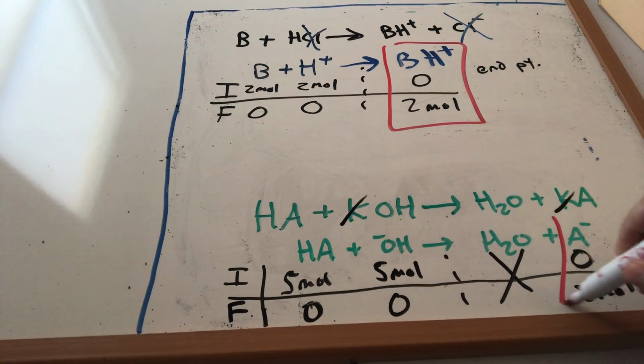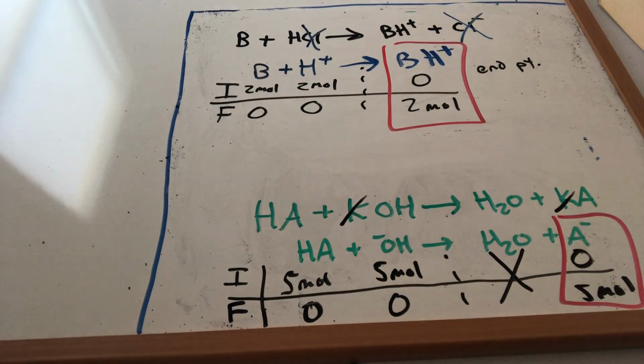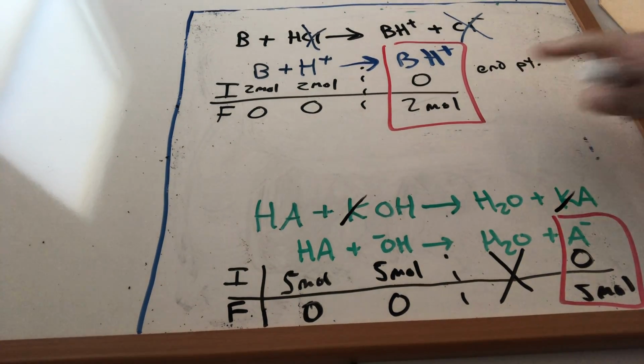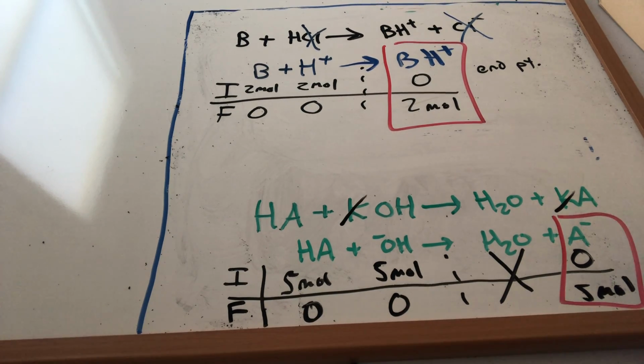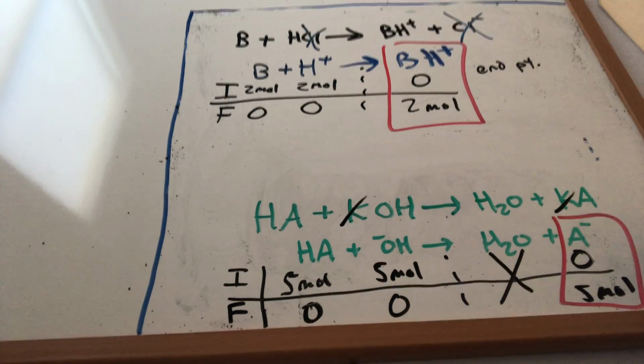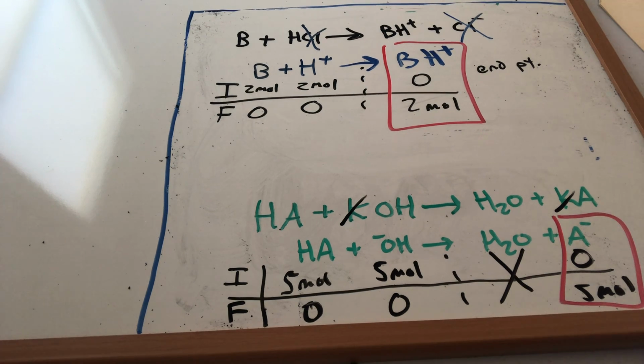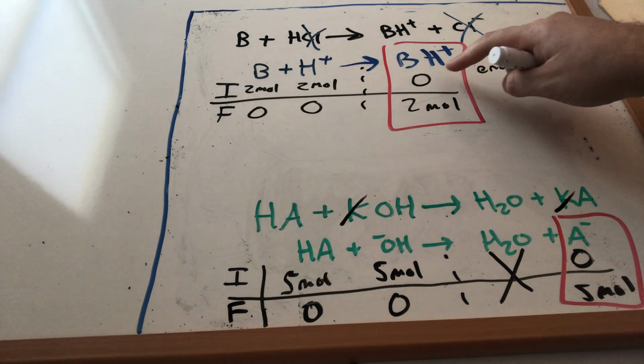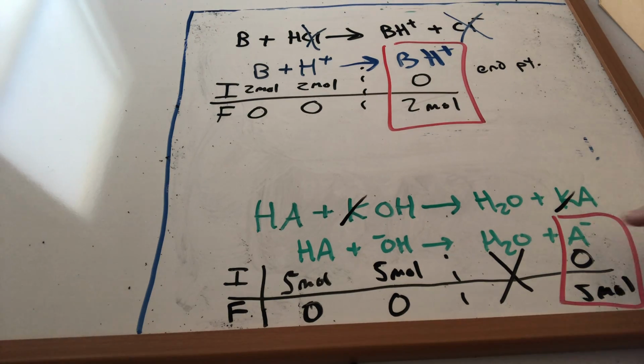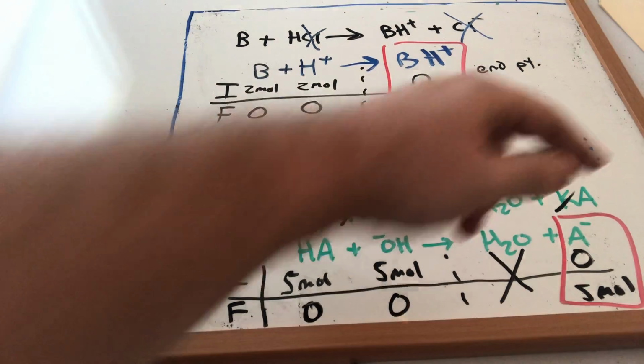All right. Now, why is that important? Because we know that just because we're at the end point doesn't mean necessarily, in either case, that we're at pH 7. It means that we've made these conjugates. And we know that conjugates themselves could be acids or they could be bases. So we could have at the end point an acidic or basic solution depending on this behavior. Look at the top example.